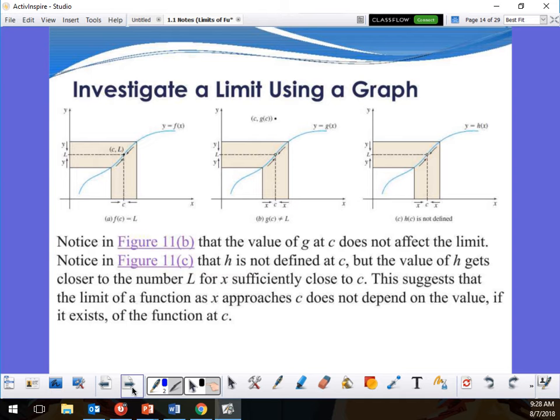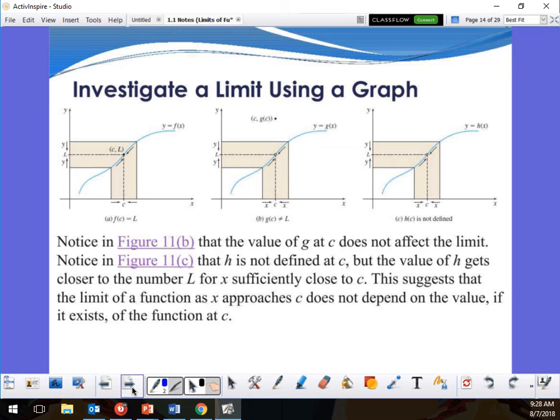Now, G, right here, it says the function's not equal to the limit. So G of C is not equal to the L. That means for my G, which is my blue line here, there is a hole there. That means that open dot means the function does not exist at that point, but both left and right hand sides go to that point, right? Okay, very good.